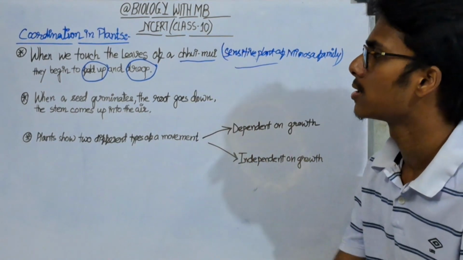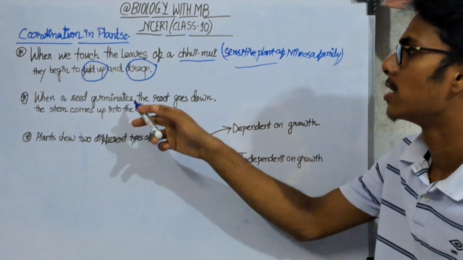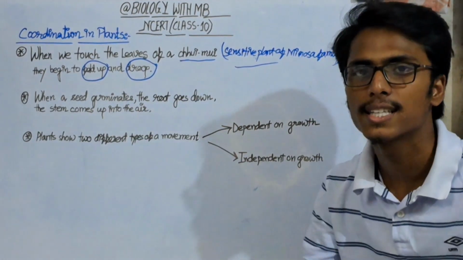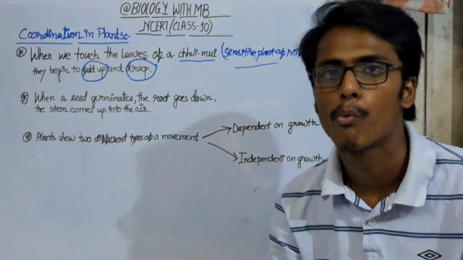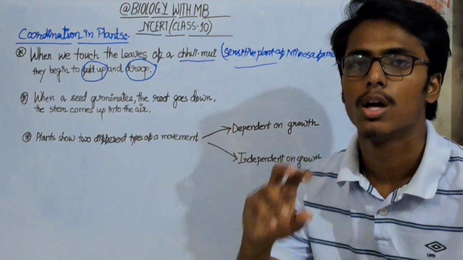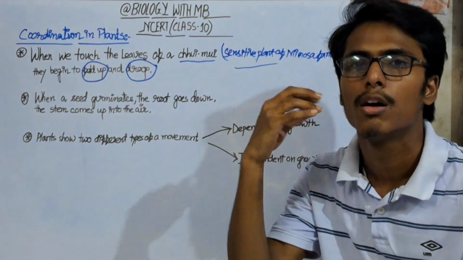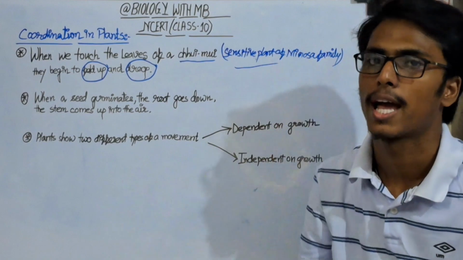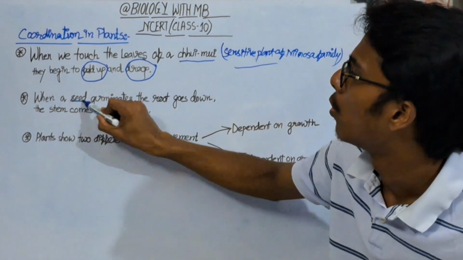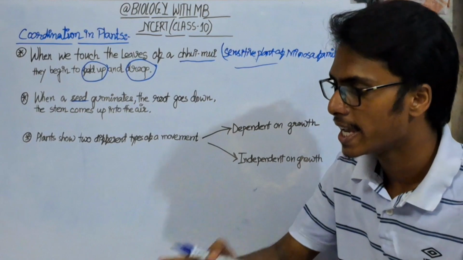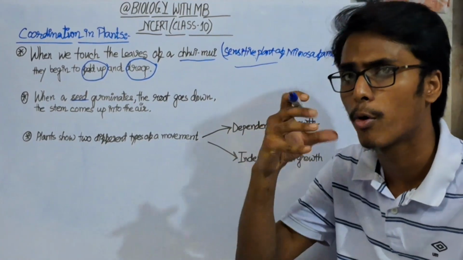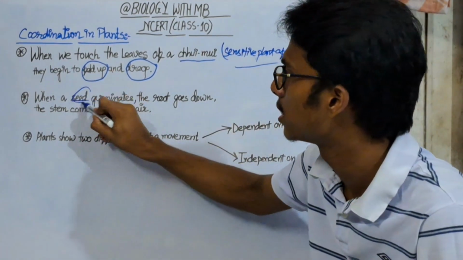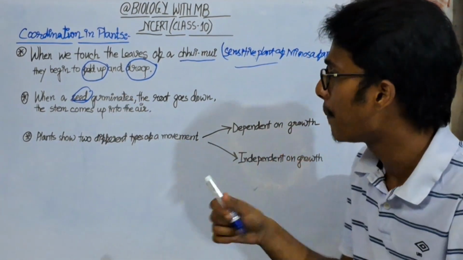Now the next part. When a seed germinates, the root goes down and the stem comes up into the air. It is a normal process. Every fruit has seeds, and when we leave the seed in soil with moisture, a favorable condition for the seed, it germinates.